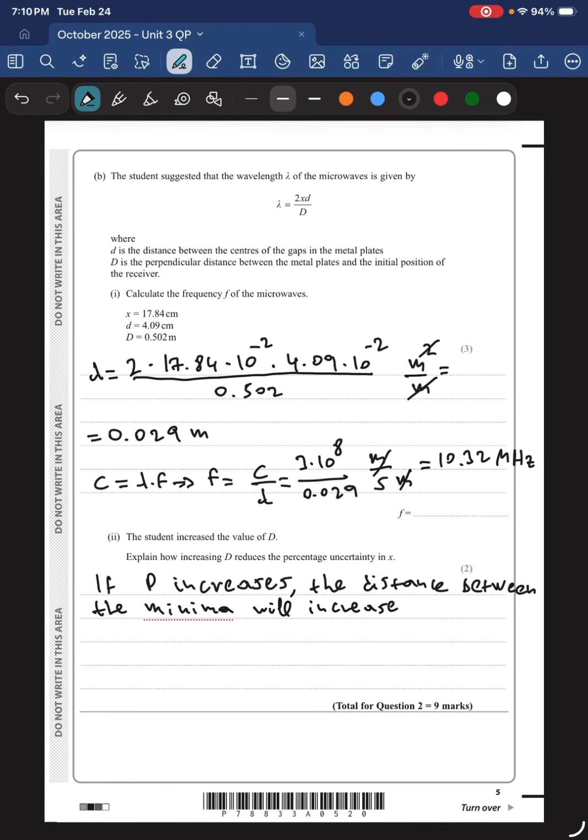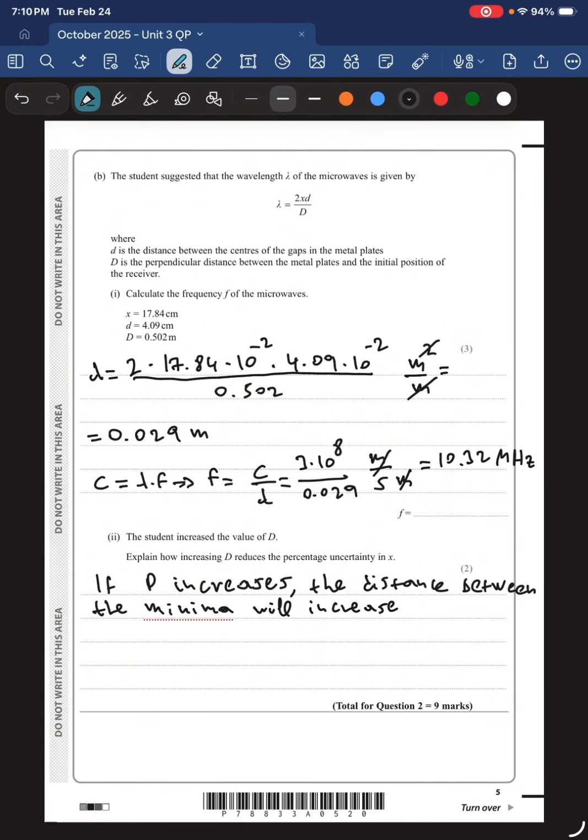And you can think about this if you ever saw a laser experiment. If you pull the screen further away from the laser, and usually they use a grating or a double slit or something like that, as you move it back, you will see that the distance between the maxima increases, okay? And this is because the angular distance is larger, okay?